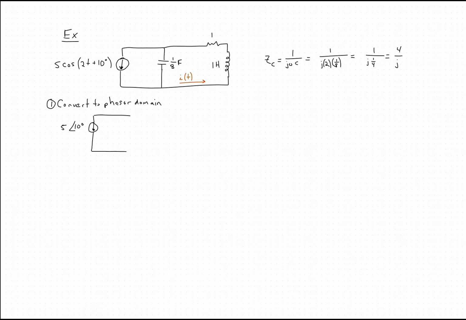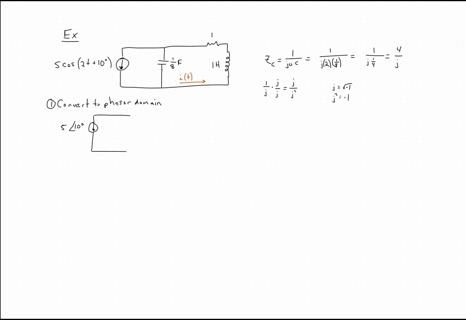To see that, 1 over J, if we multiply it by J over J, that doesn't change anything. We're multiplying it by 1. But that leaves us with J over J squared. And we know that since J is equal to the square root of negative 1, J squared has to be equal to negative 1.